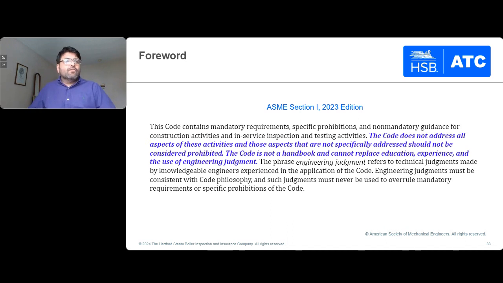Our stock answer for all of those questions is that Section 1 doesn't have all of the necessary information in terms of replacing your education, experience, and engineering judgment when it comes to designing boiler systems. We have some minimum information related to safety, like our allowable stresses, some minimum weld details and so on, but you're not going to find every single detail that you need to design a boiler properly. So I just wanted to call attention to this paragraph from the foreword.